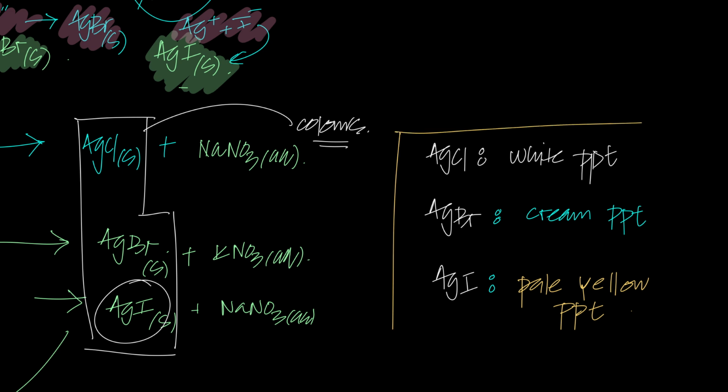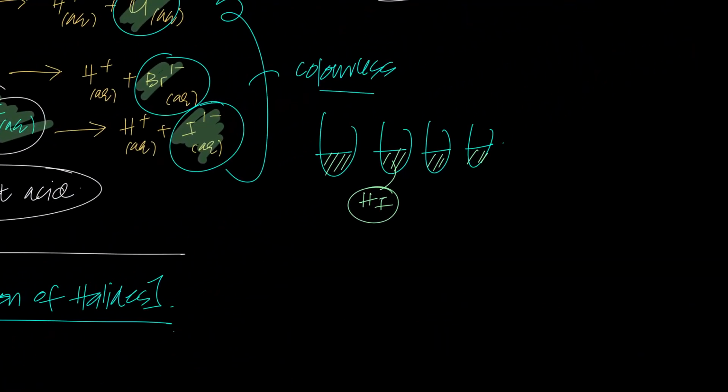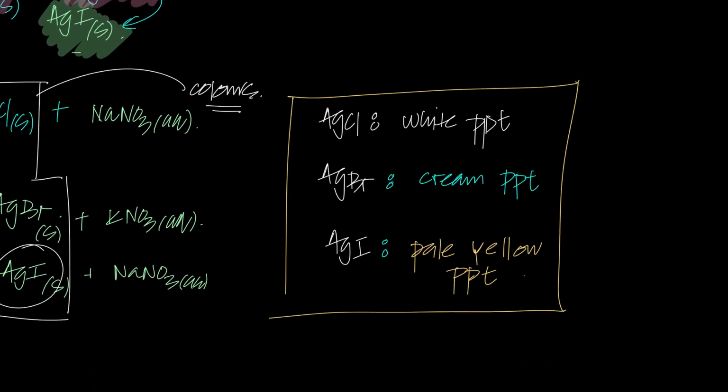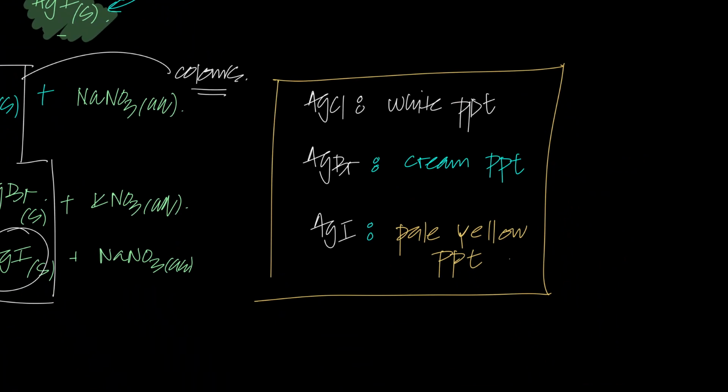And so if a white precipitate formed, that would mean that you had the chloride ion present inside this solution. If a cream precipitate was formed, that means that I had bromide ions in that solution. And if a pale yellow precipitate formed, I would have the iodide ion inside the solution. So this is how you can actually identify the halide ion.